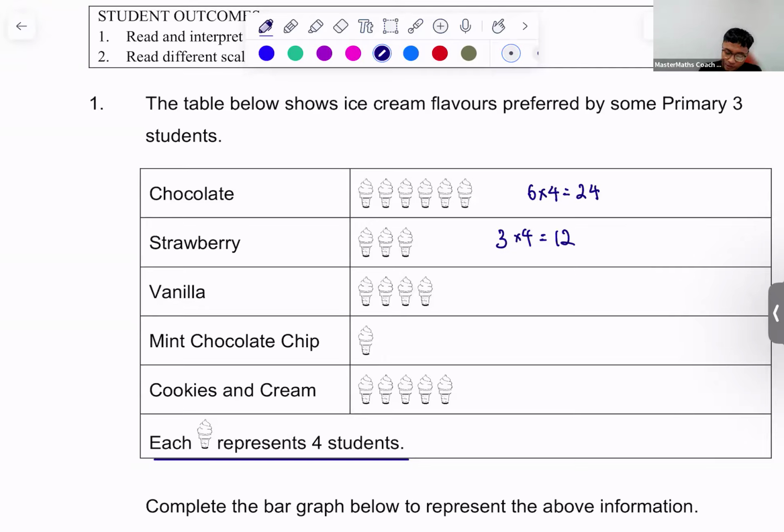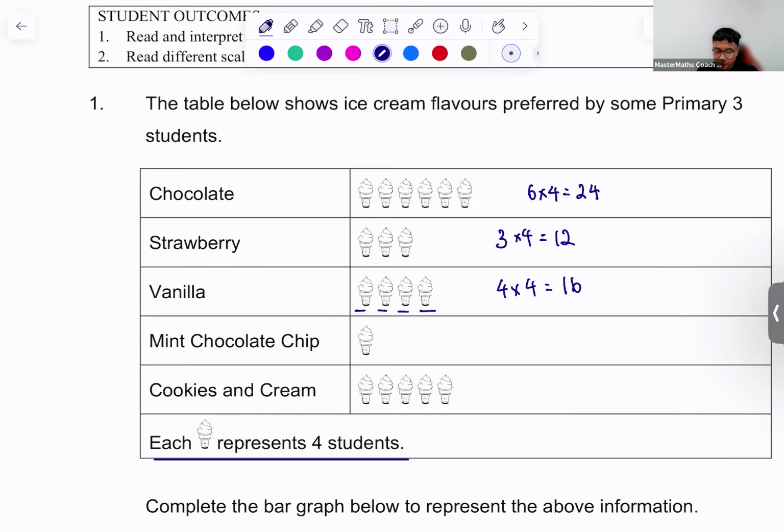We have 4 ice cream cones, and each represents 4, so that means 4 times 4. Do you know what's 4 times 4? 16. Yep, correct, 4 times 4 equals 16. Good job.